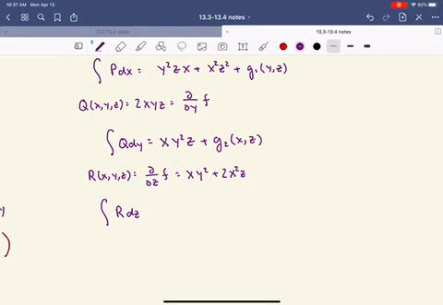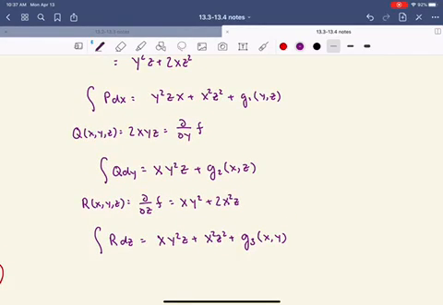The integral of r dz is equal to x y squared z plus, integrating this with respect to z, it's going to be x squared z squared plus, and now we have some unknown function of x and y, as we integrated out the z.